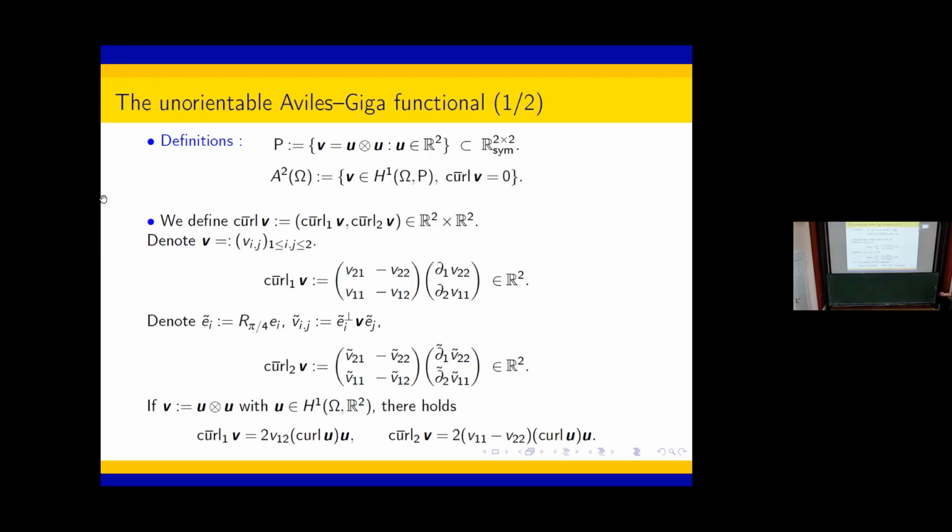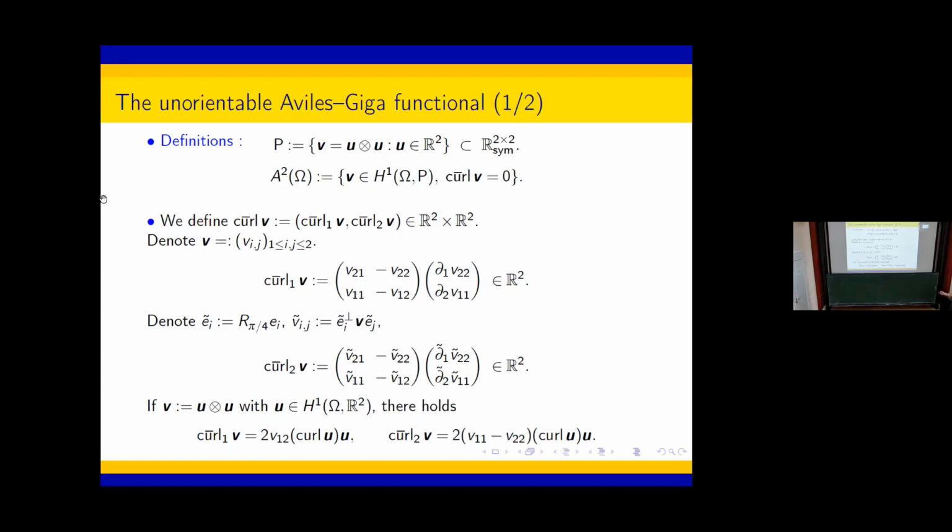Okay, but the good news is that we build the curl bar so that if I write V as a real product, a tensor product of a vector field which is in H1, then my curl bar is something times the curl.